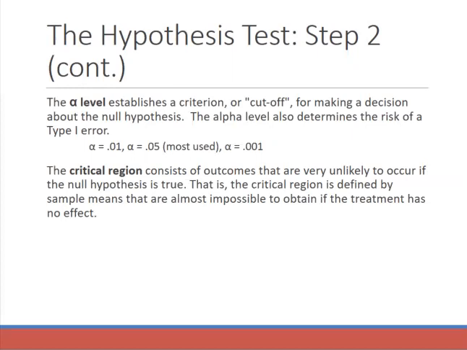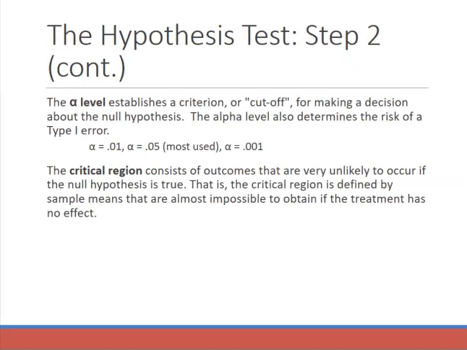Okay, so we are going to select a specific value, which is called a level of significance or the alpha level. And this is the criterion or cutoff for making a decision about whether we accept the null hypothesis and say, yeah, it probably came from the same population, or if we reject it.